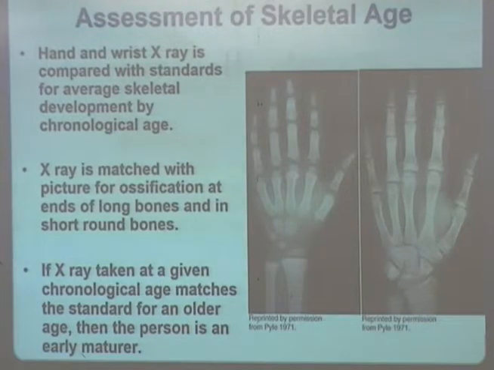So if I look across a classroom, if you've got 35 kids in your class and they haven't stopped growing yet, you could have as much as a 2.5 to 3 year range in maturity when we're looking at the skeleton.